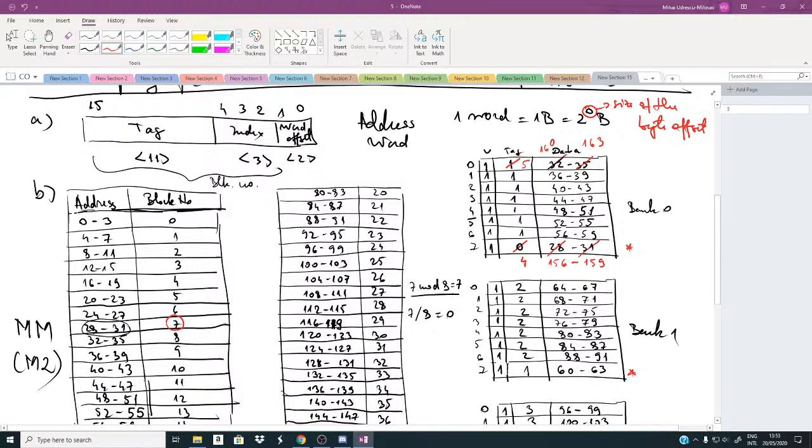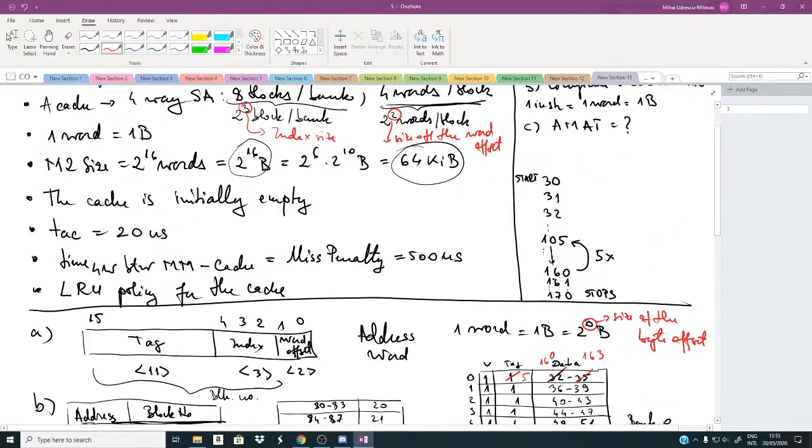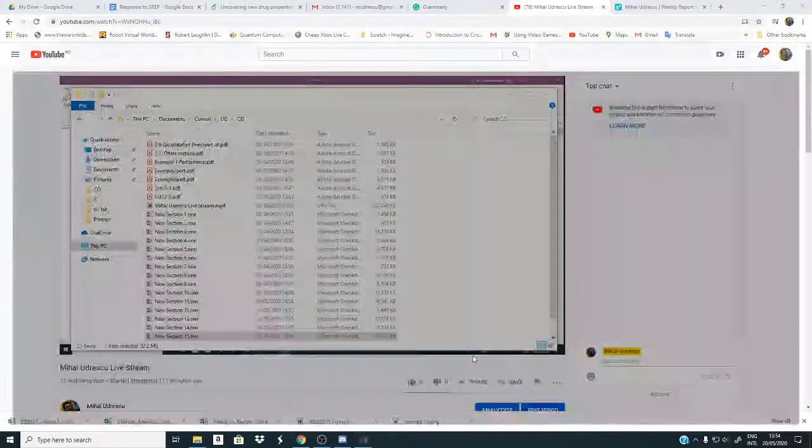So it's 161, that's one hit. 162, 2 hits. 163, 3 hits. So 161, 162, 163 are all hits. So we are also counting 0 misses, 3 hits.